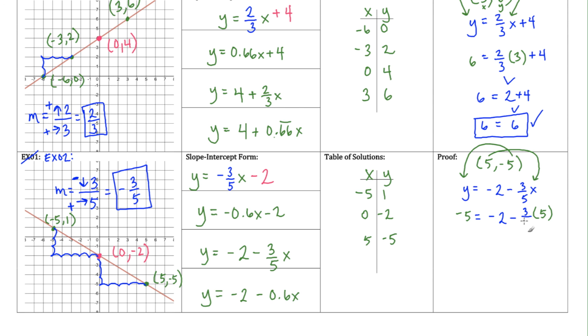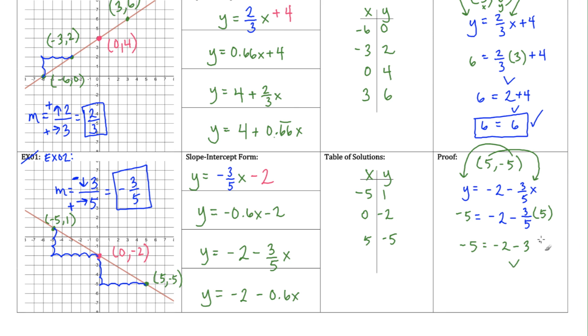Okay. So -5 equals -2. A negative times a positive is a negative. 3 times 5 is 15. 15 divided by 5 is 3.